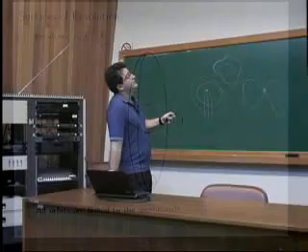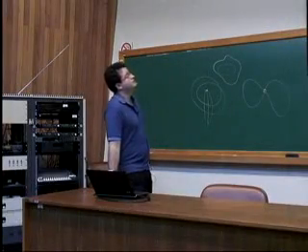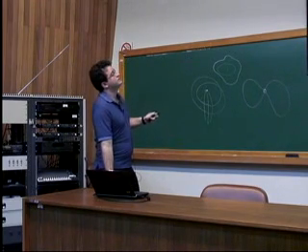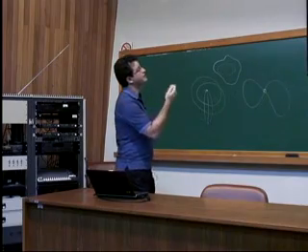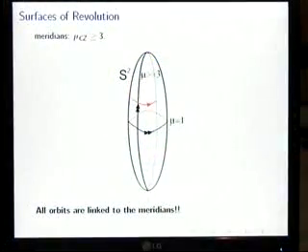So the flow here is, if you look at the geodesic flow in the surface, it's always winding around, if you don't take a meridian, it's always winding around this direction here, this axis here.